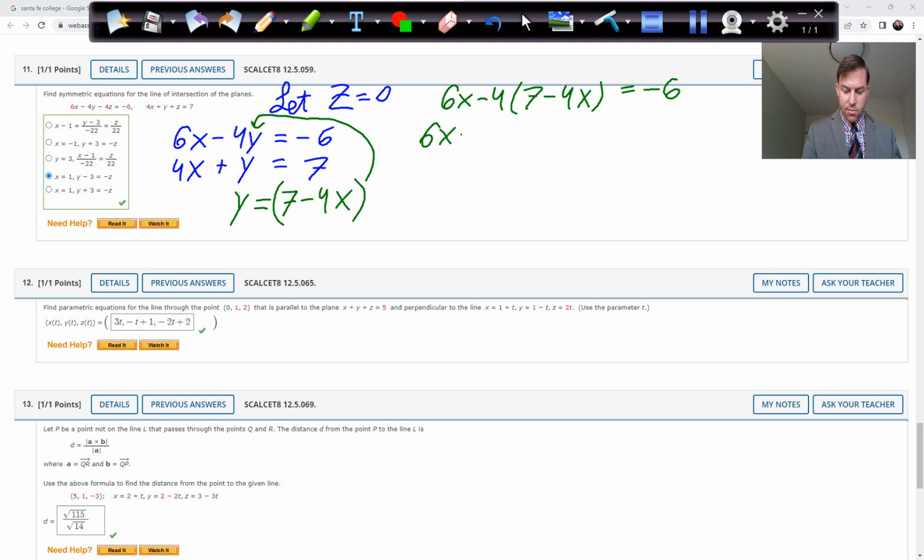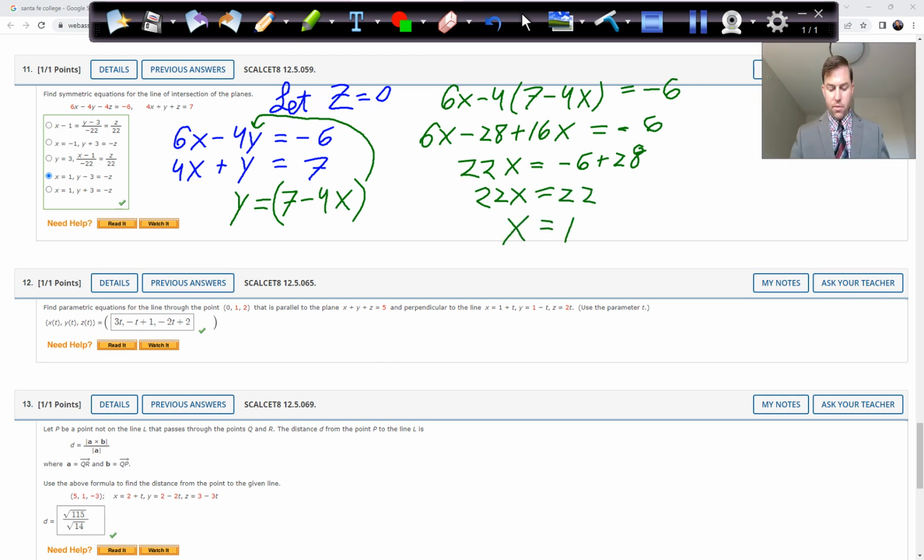This would be 6x minus 28 plus 16x equals minus 6. This would be 24x equals minus 6 plus 28. Not 24, 22. And we get 22x equals 22. Kind of nice numbers there. x equals 1. Divide both by 22.